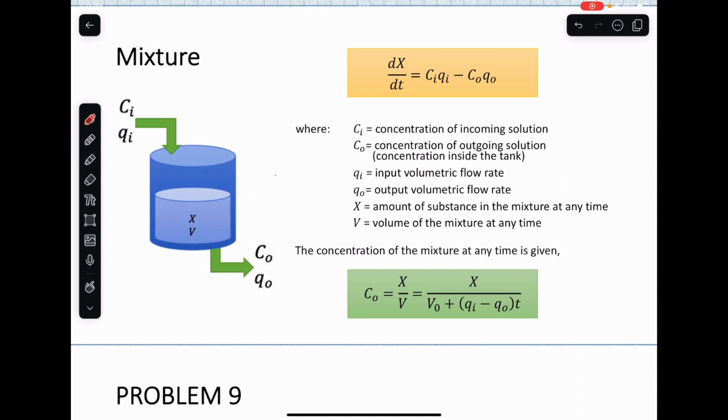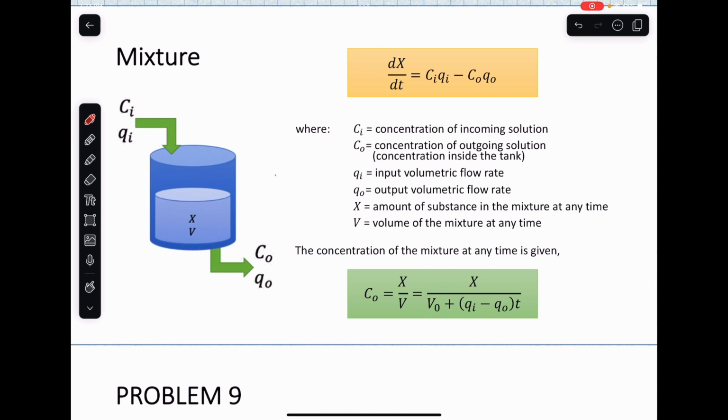And then there's another solution that is coming inside the tank. It could be fresh water. If it is fresh water, there's no concentration, so the concentration then will be 0. But there's a flow rate. Q_I here is considered the volumetric flow rate, how fast the solution is coming in.